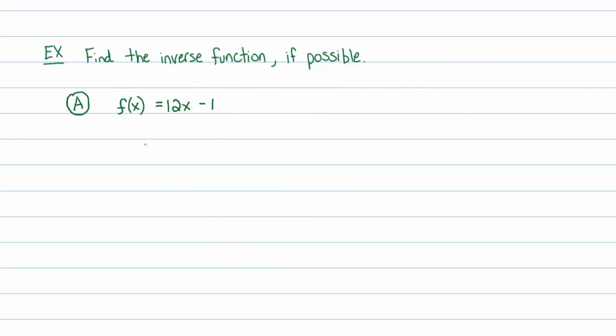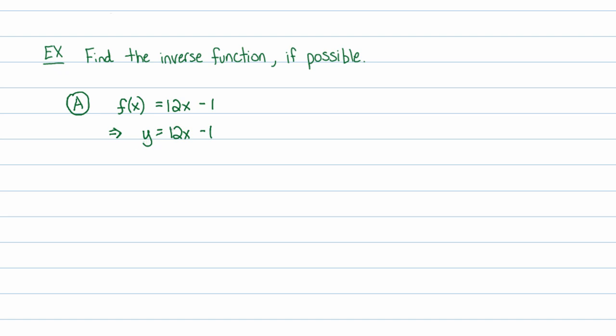Suppose that we're given a function 12x minus 1. We want to find the inverse function if it's possible. First thing I'm going to say is, listen, f of x is just function notation for the letter y, so this really implies that the y values are going to equal 12x minus 1. This means when I plug in an x value, I'll get out a y value.